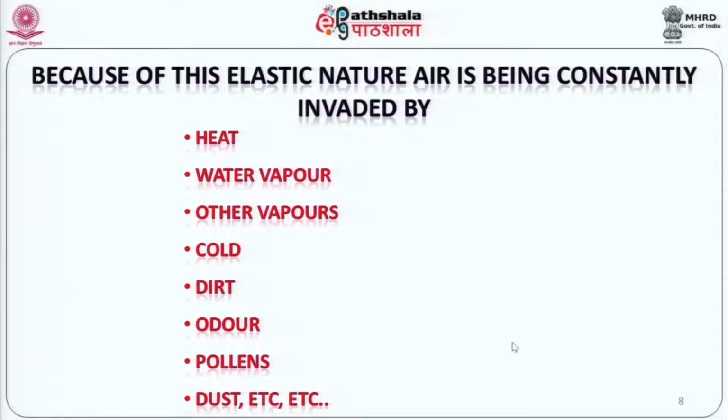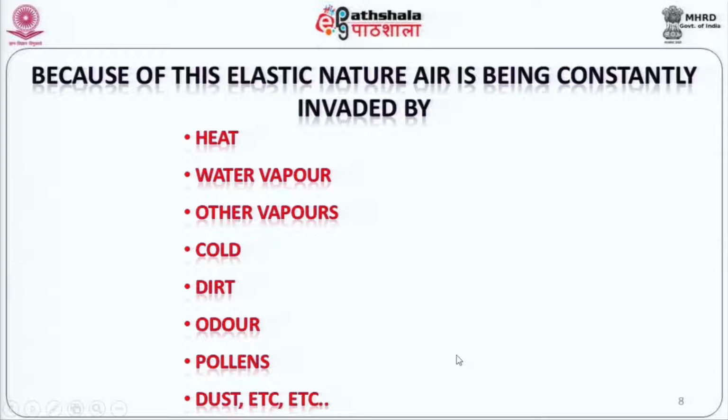What does this air contain? It's basically supposed to be a mixture with oxygen, but by virtue of its elasticity, it gets invaded by a lot of parameters which are, you might say, not wanted. What are these parameters?